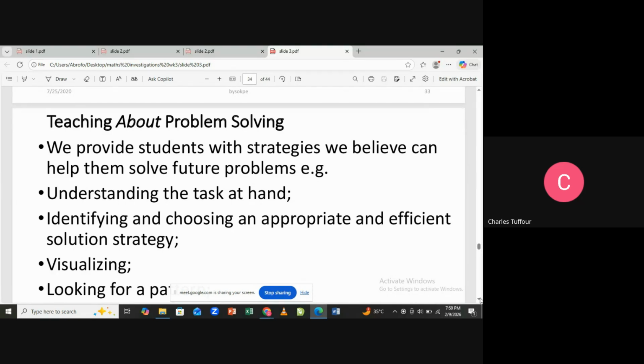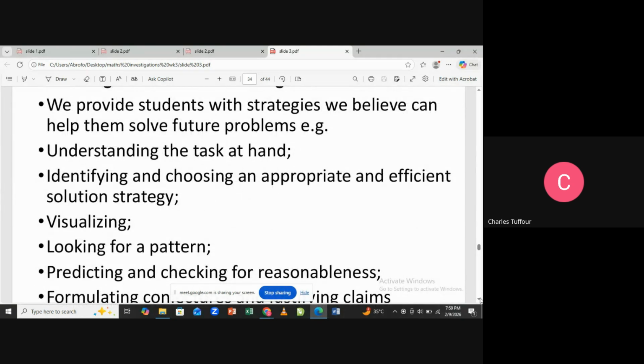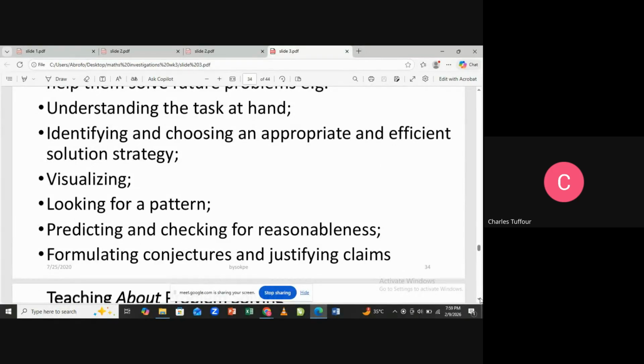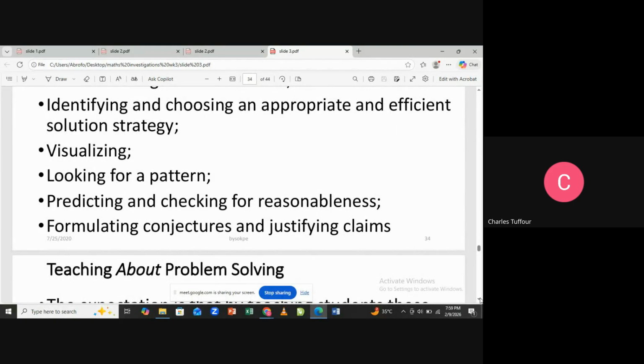Understanding the task at hand. Identify and choose an appropriate and efficient solution strategy. Visualizing means that they look at the problem and see whether they understand. Then they look for a pattern. Having understood, they look for a pattern or they look for a formula. Predicting and checking for reasonability. Then they check whether the formula works. They check whether the formula or the pattern is reasonable and it will work.